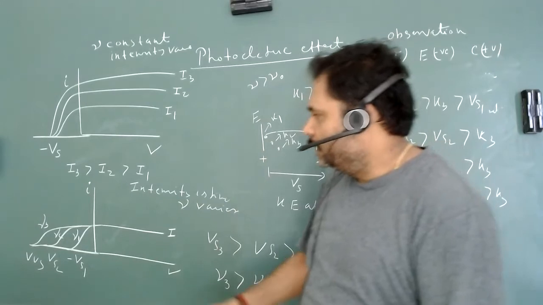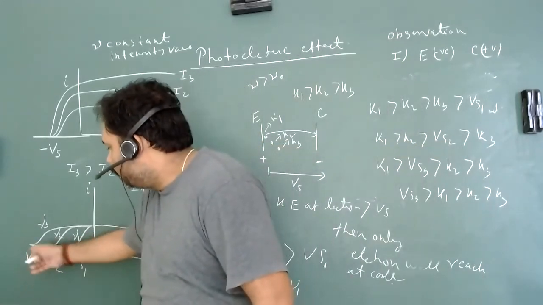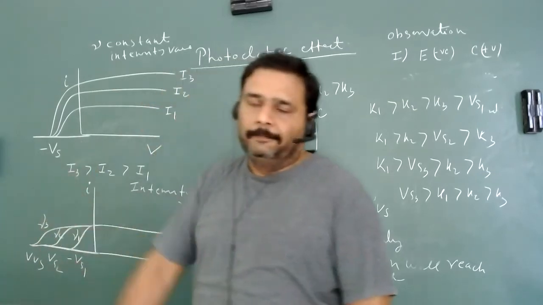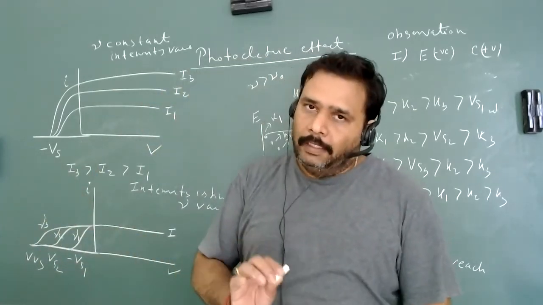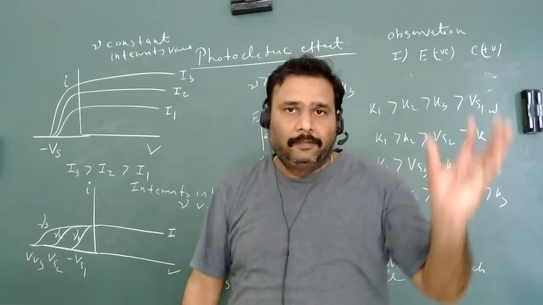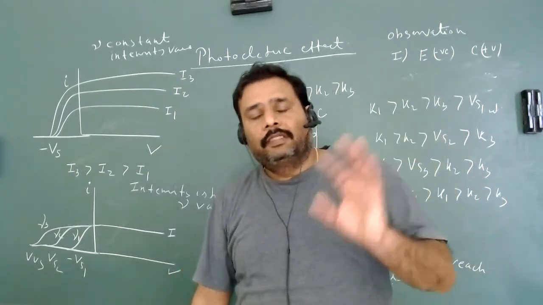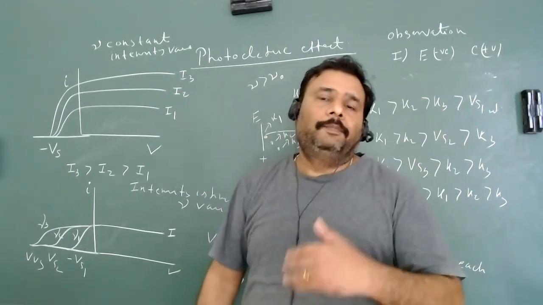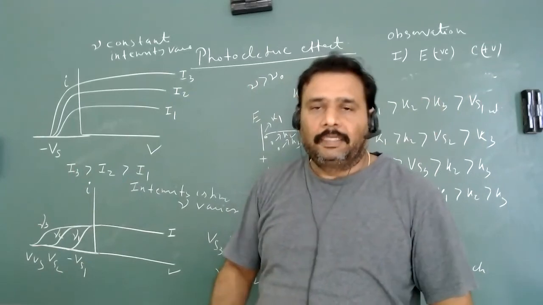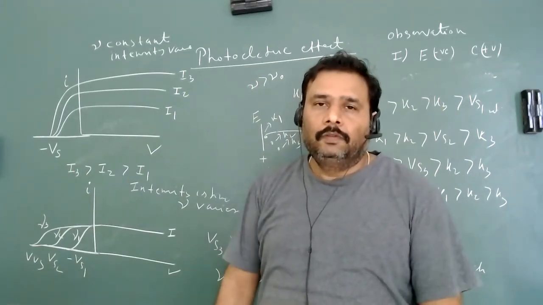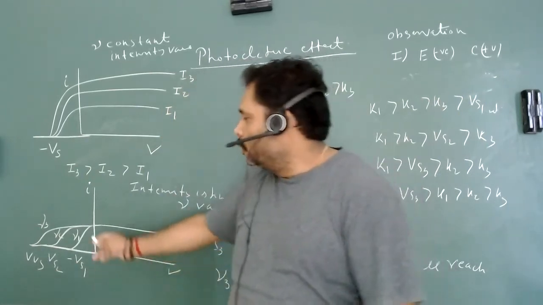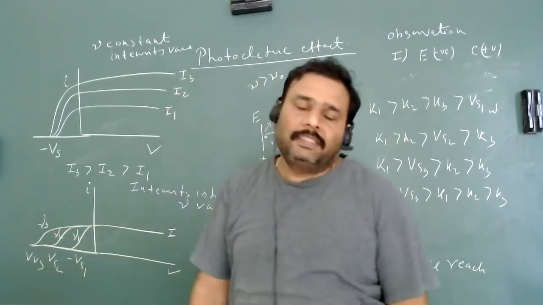And what we have seen is that this stopping potential is actually dependent on frequency. But earlier we thought that light is a wave, and for a wave the energy must depend on intensity, that is, on amplitude. But here we have seen that energy depends on this particular frequency.